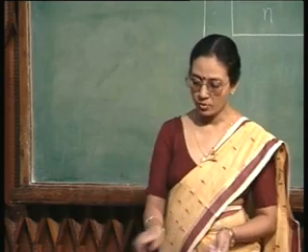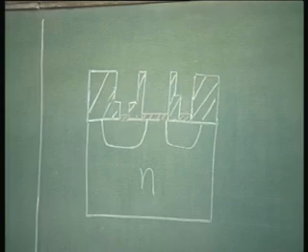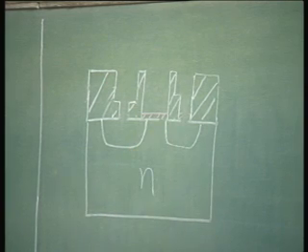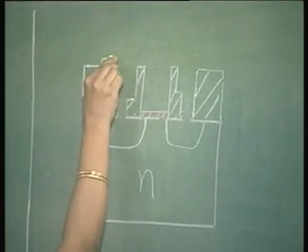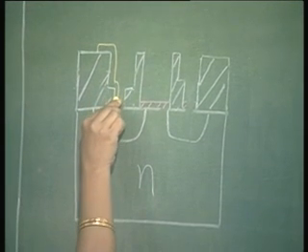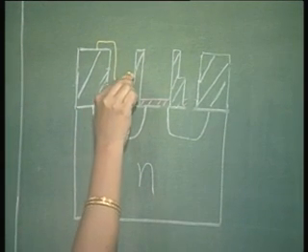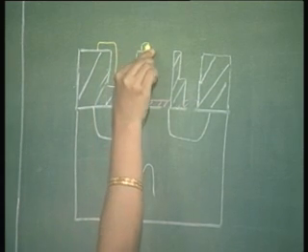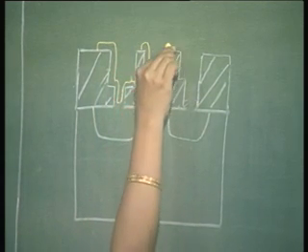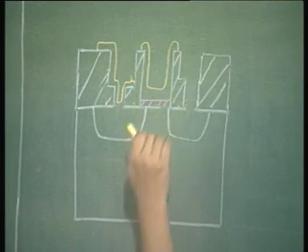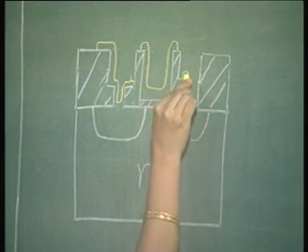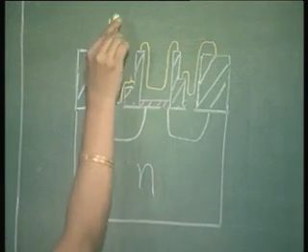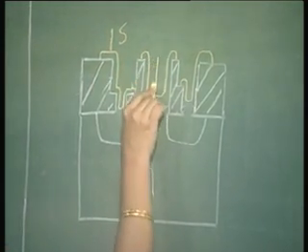So, for that we need to open a window here, open a window here, and then put the metal which is aluminum. So, this is the source contact, this is the gate contact, and this is the drain contact.